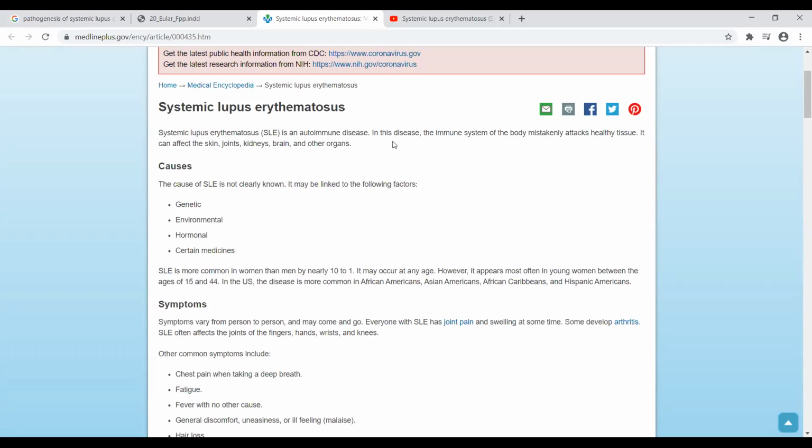It is more commonly seen in people of African descent, African Americans, Asian Americans, African Caribbeans, and Hispanic Americans. So we can say that in the USA, the disease is mostly prevalent.